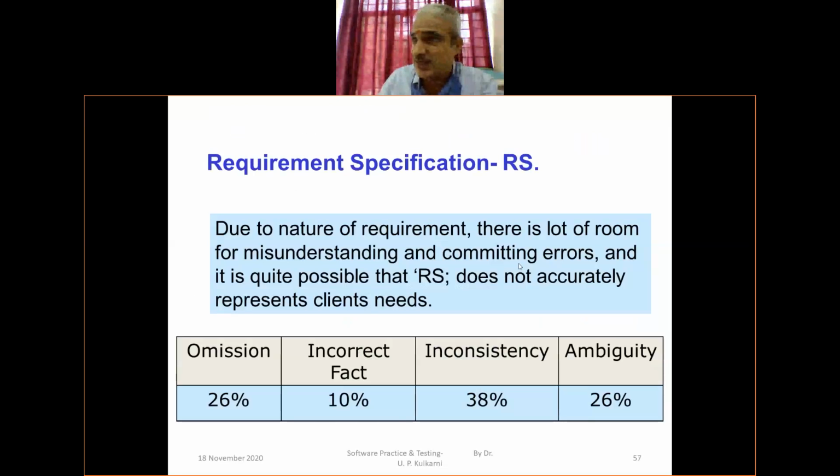Also, please remember, when you look at software requirement specification, there is one statistic quoted by Pankaj Jalote. He was in Infosys, and he was heading the Department of Computer Science at IIT Kanpur; right now I don't know. One of his data sets says that in requirements, 26% omission, 10% incorrect facts, 38% inconsistency, and 26% ambiguity are found.